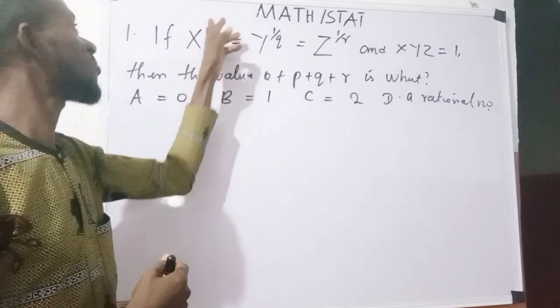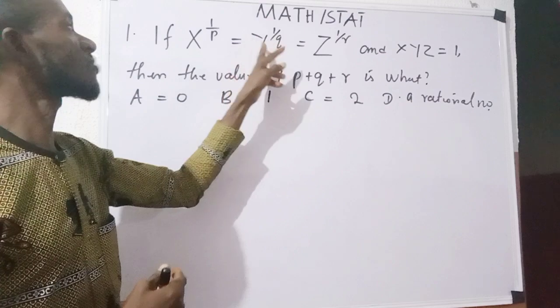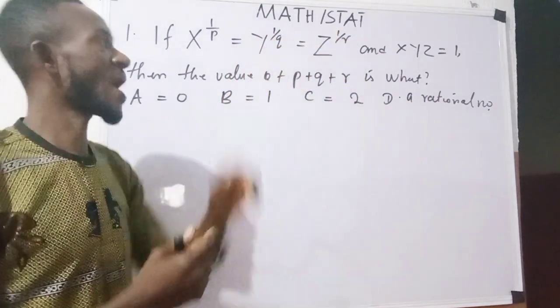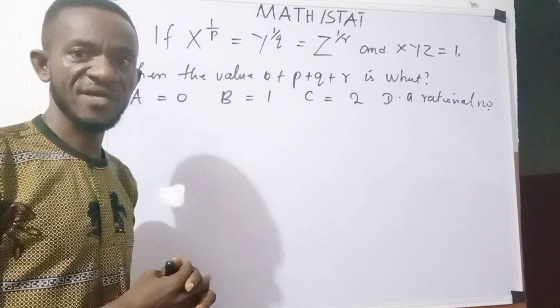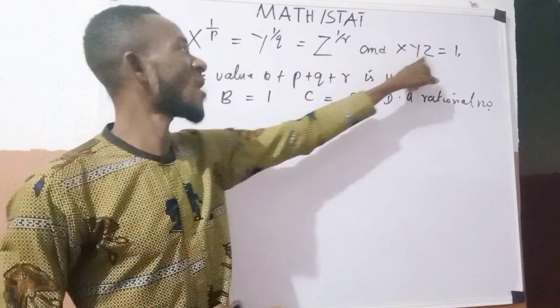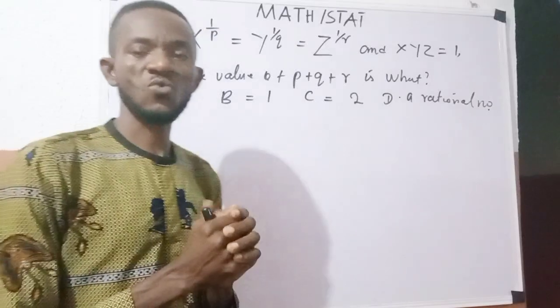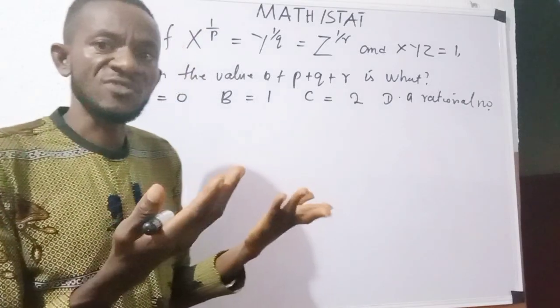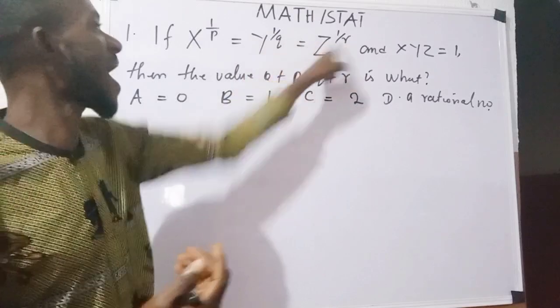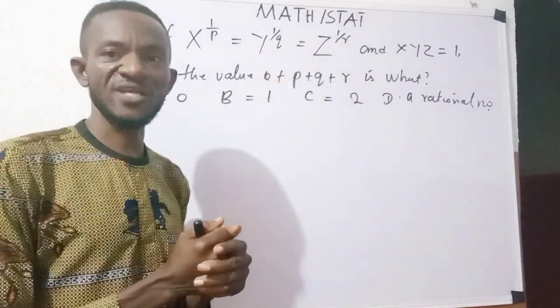They say x raised to power 1 over p is the same thing as y raised to power 1 over q, which is the same thing as z raised to power 1 over r. And then we are given additional information that xyz is equal to 1. So what becomes the value when these letters p, q, and r are added up together?